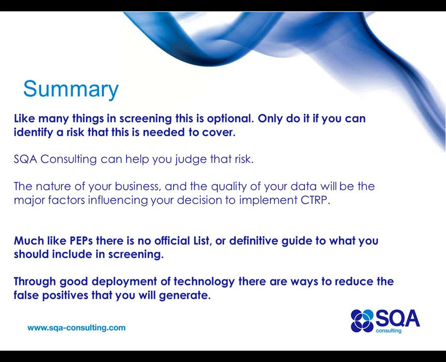Nobody is telling you what level of cities and towns you need to use, what countries you're going to have to screen against, what level of matching, whether you want to include fuzzy matching or not. You have to identify your risk and implement accordingly. And if you're clever with the technology, you can get the false positives down nicely, so you're only investigating the things you should be investigating.